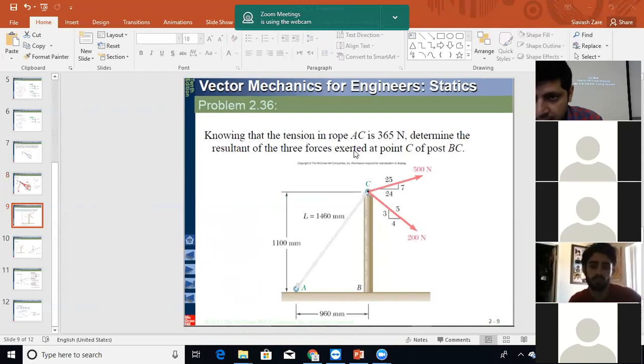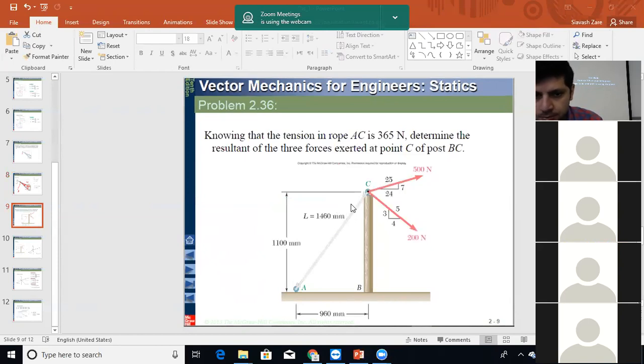We know the magnitude, which is given in the problem, which is 365 Newton in AC. But we don't know initially the direction or the sign of this force.